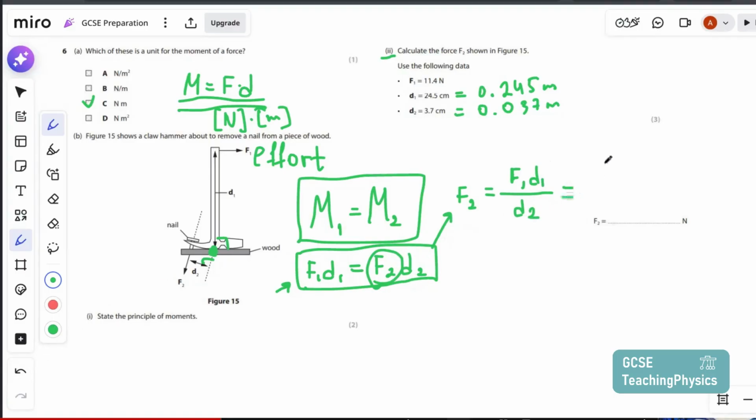Like this, it travels there. Okay, so now we just simply substitute. Newtons are okay, we don't need to convert them to anything. 245 divided by 0.037. Let's calculate using the calculators.